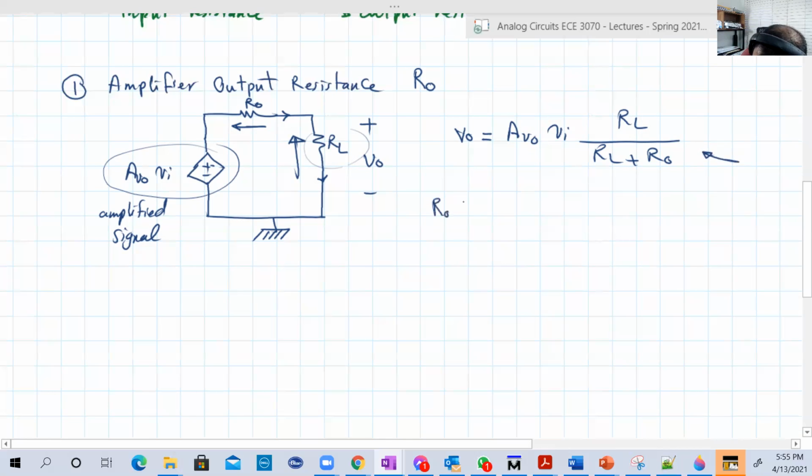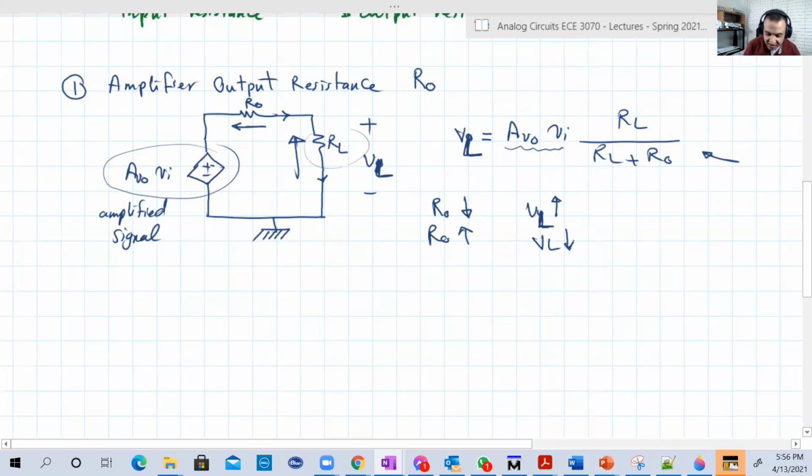If RO is small, VO will be bigger. I mean, more portion of AVO VI will go to RL rather than RO. Or let's call it V load, not to confuse you. So the less RO, the higher V load. The opposite: the more RO, the less V load.